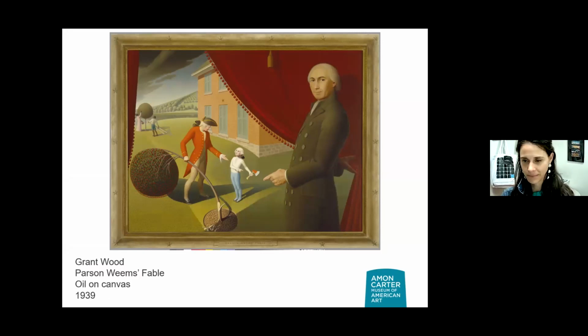The untrue story of George Washington. Okay, so yes, we are telling the story of little George not telling a lie, but what within this artwork is something that is from another artwork? The head of George Washington.